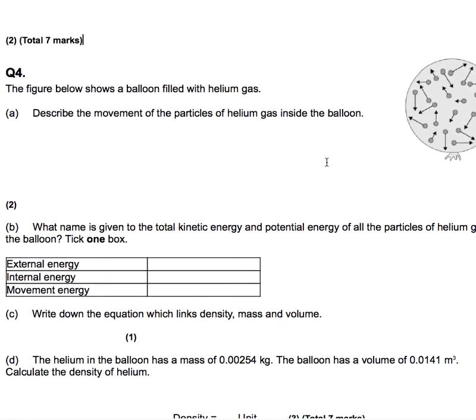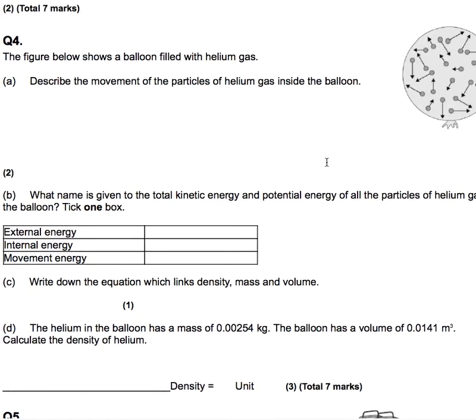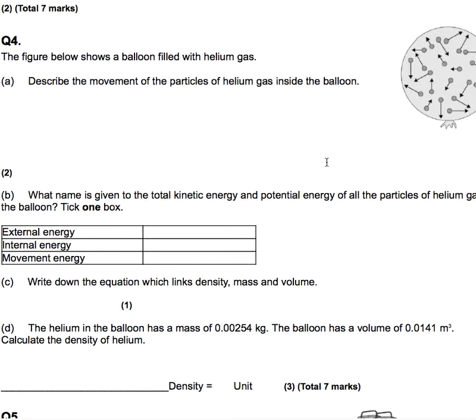Question 4 then. The figure below shows a balloon filled with helium gas. Describe the movement of the particles of the helium gas inside the balloon. 2 marks. So we need to say 2 things about the movement. What do we know about gas molecules?